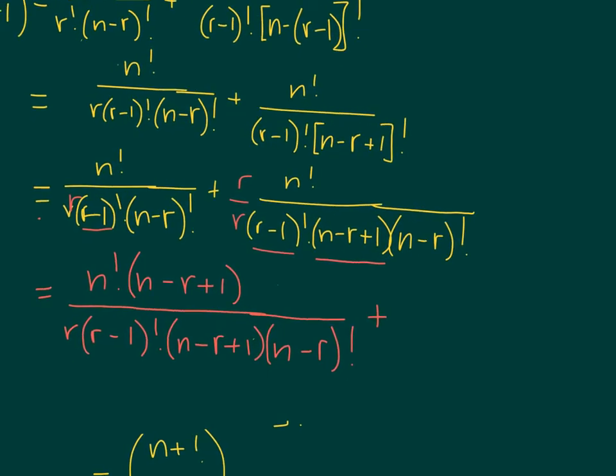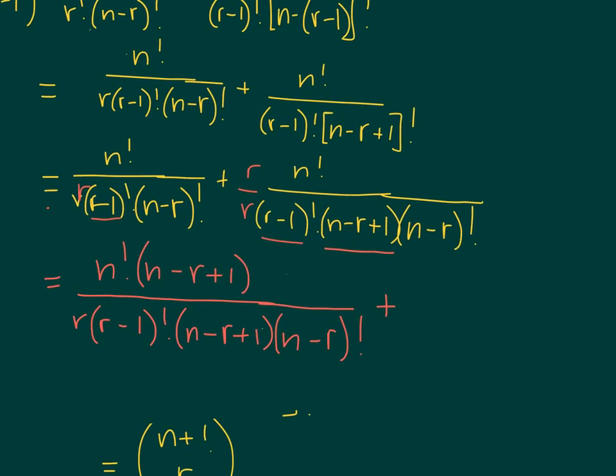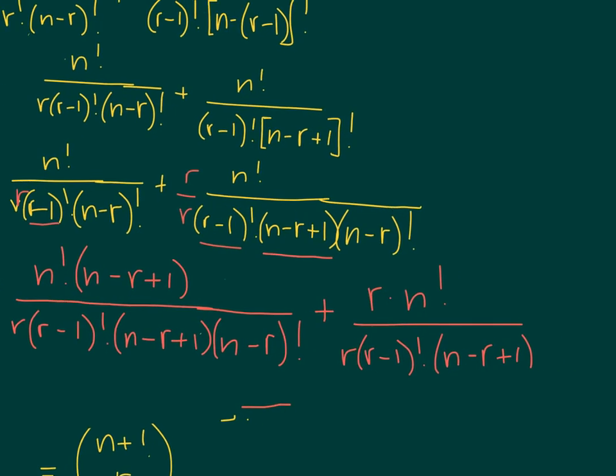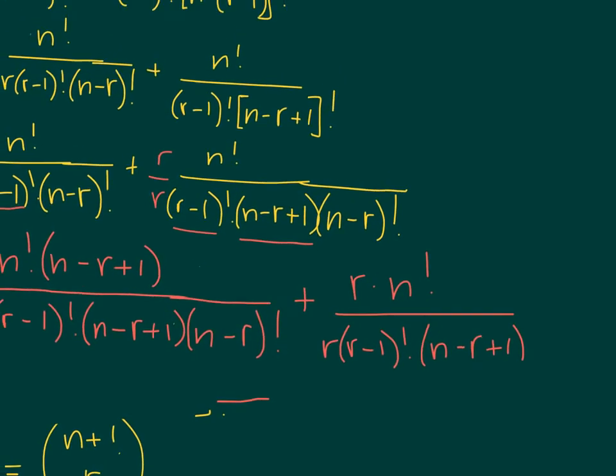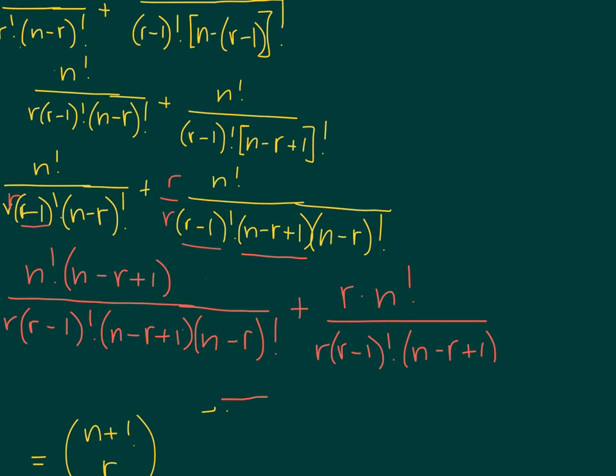So I'm going to have r times n factorial, and in the denominator r times r minus 1 factorial, n minus r plus 1, times n minus r factorial.